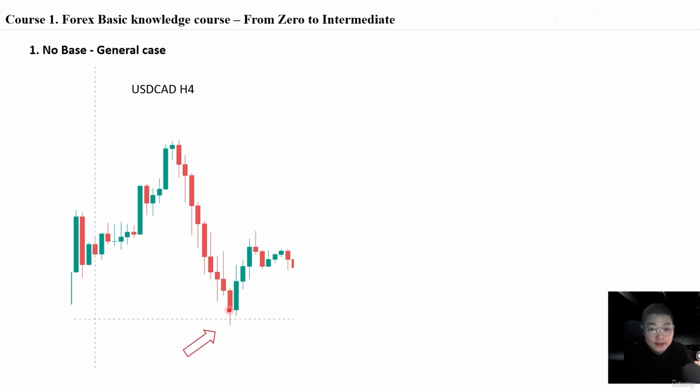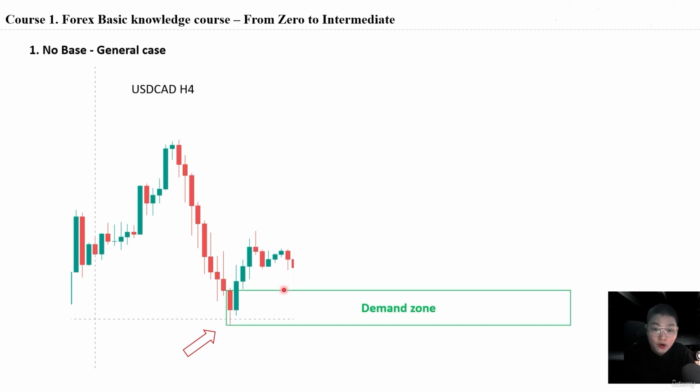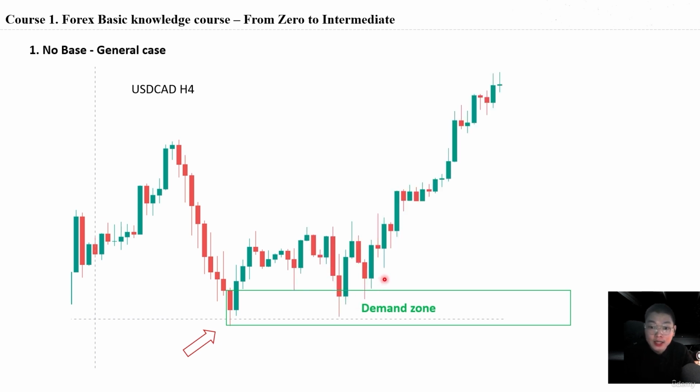You can see that here is the last down candle and here is the first up candles, and we can define here a demand zone from the open price of the last down candle to the lowest price of the range. And let's see how the market reacts from this demand zone. The market goes down one time, a second time, and goes up very strongly. I will show you how to enter with this trend in the next video.